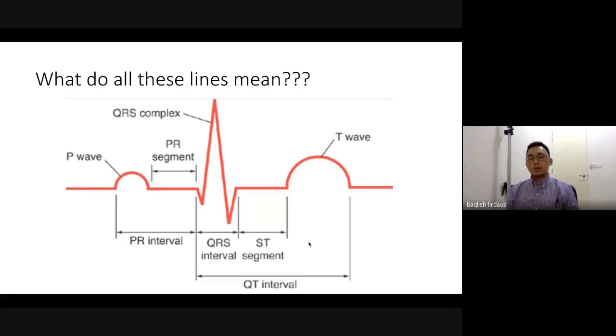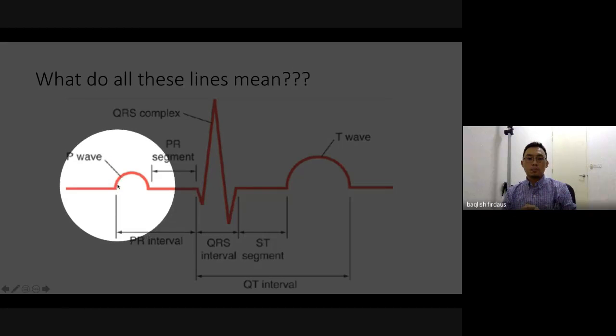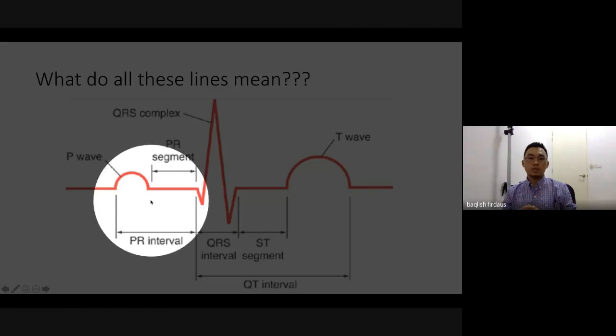I always tell my junior doctors, my junior colleagues, my students, ECG is just like ABC, because it's A, B, C, D, E, F, G, O, P, Q, R, S, T. So first we must know what is the P wave. P wave is the first positive deflection of the ECG.